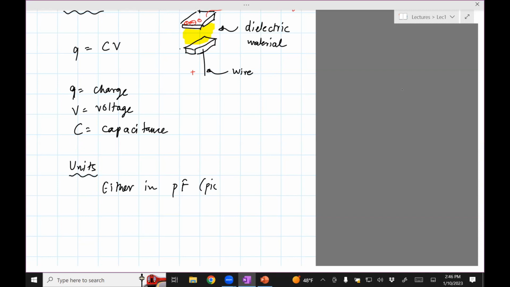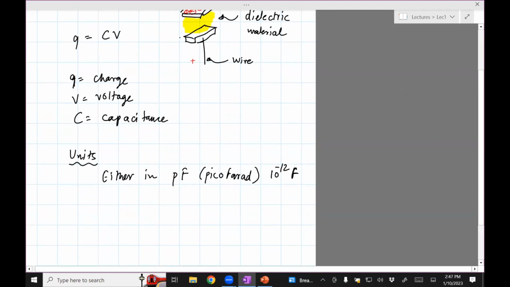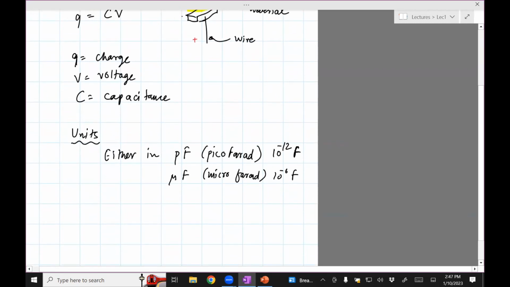Picofarad, so it's called pico. So pico is 10 to the -12. Or they come in microfarad, mu. That would be 10 raised to -6. Okay, and you will not see farad. I mean, if it's in farad, then it's probably going to store a lot of charge.